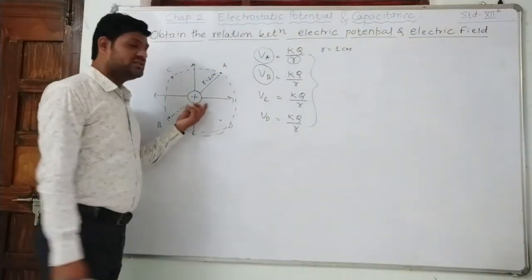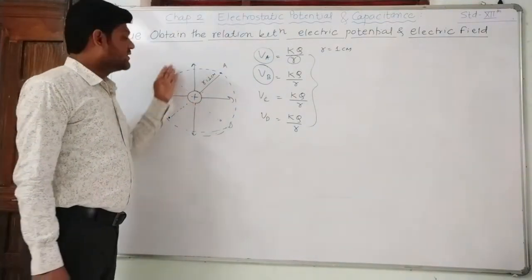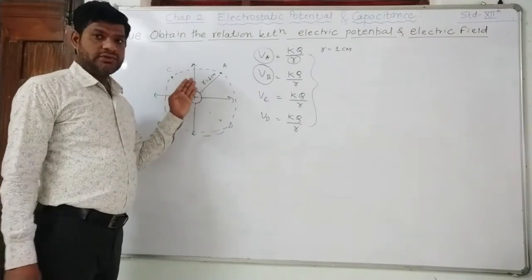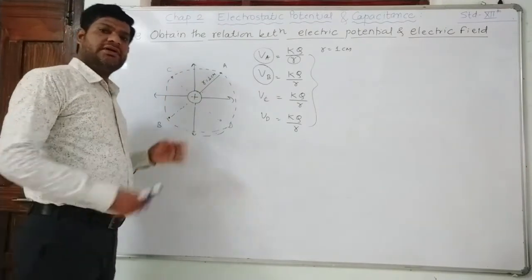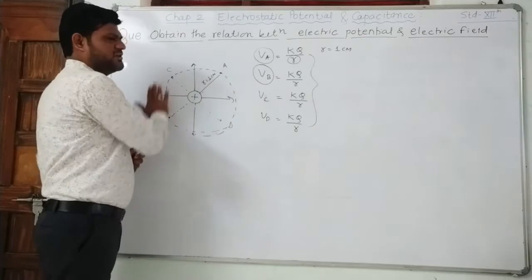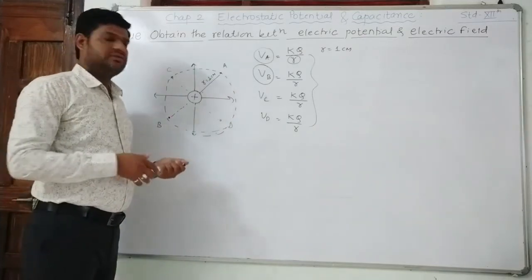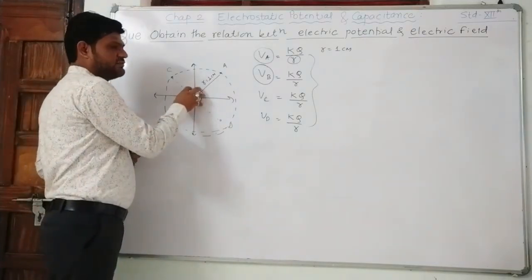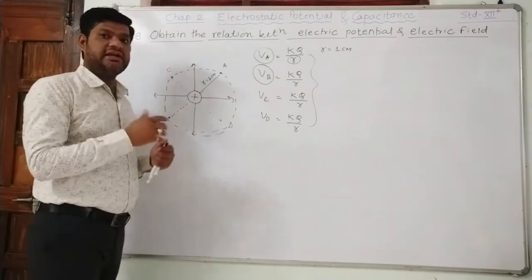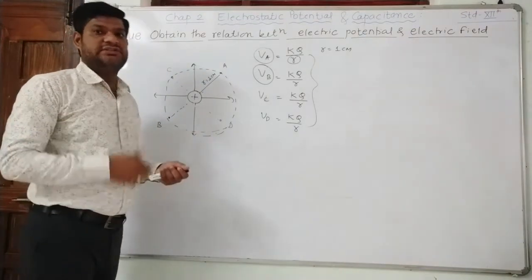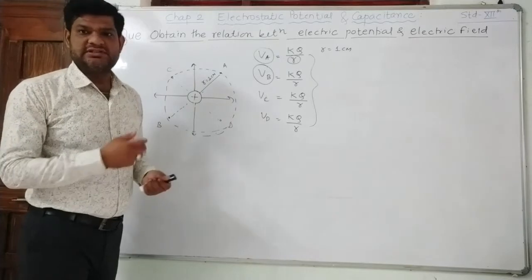Due to a single charge we get a sphere, so that imaginary surface will be a sphere. On the basis of the system of charges we can get different shapes of equipotential surface.